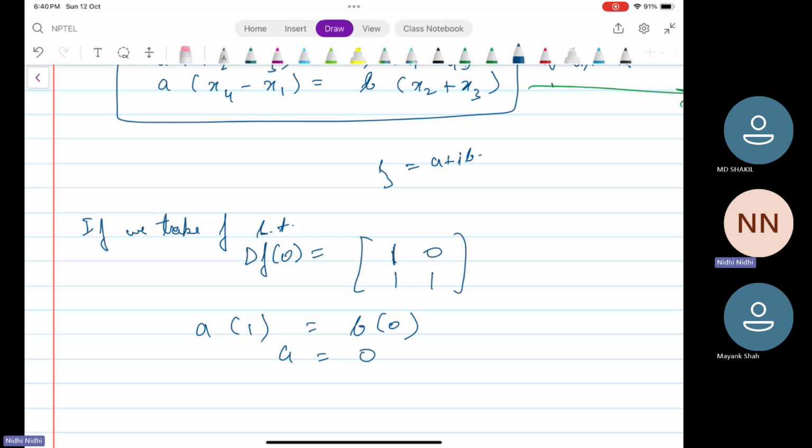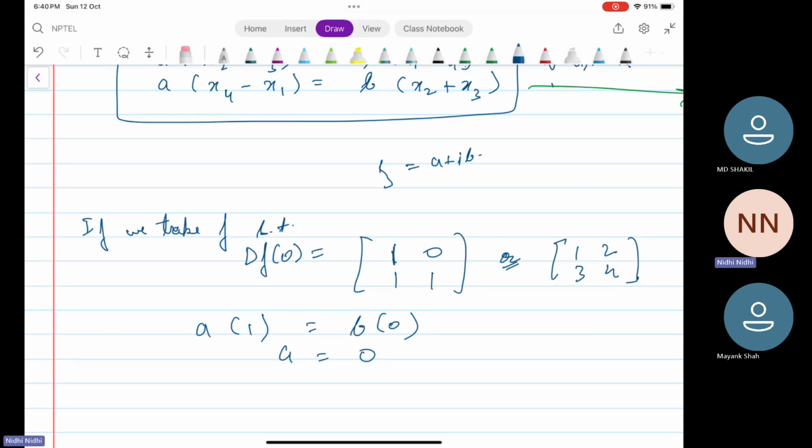Any such example would work. All we need to show is that T need not be complex linear. Okay, so it is fine that this is not complex linear. In fact, we'll see when it can be linear.